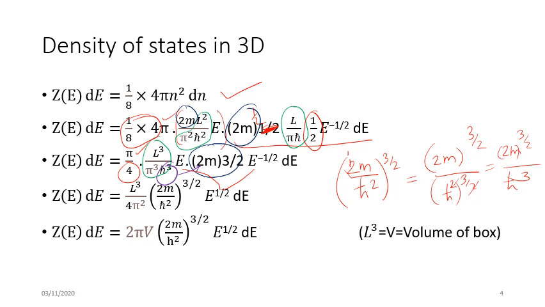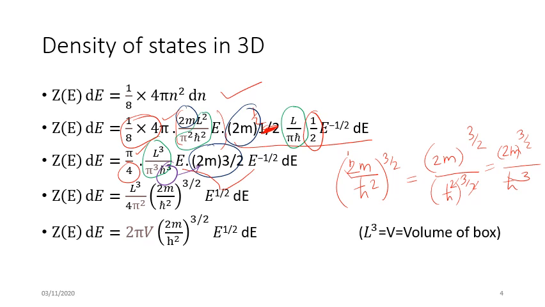So finally we have the equation Ze is equal to 2 pi V into twice m upon h square into E raised to 1/2. Many a time it is represented like this also. See what happens here.